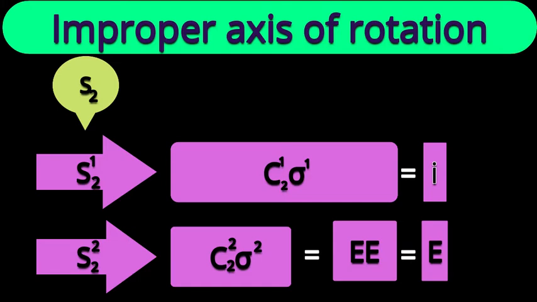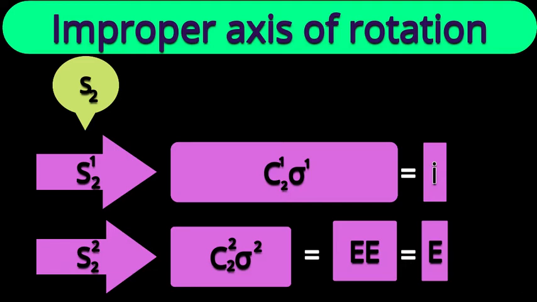Let us find what S2 means. If I take an improper axis of order 2 and perform the first operation, meaning S2^1, it means C2 operation one time and sigma operation one time. C2 operation one time is rotation by 180 degrees and reflecting through a plane perpendicular to that C2 axis, and that is exactly equivalent to inversion. So S2^1 is equal to inversion, and S2^2 means C2 operation two times followed by sigma operation two times.